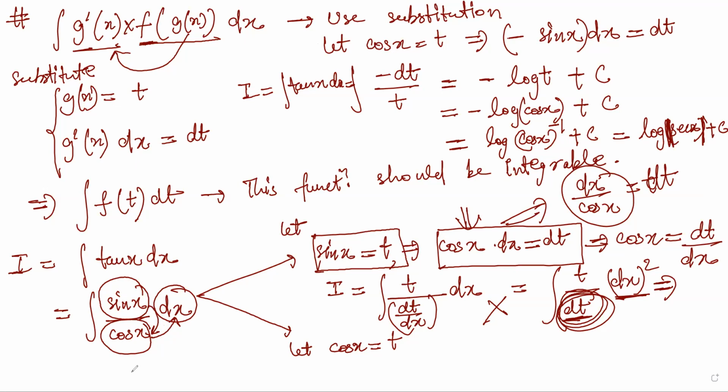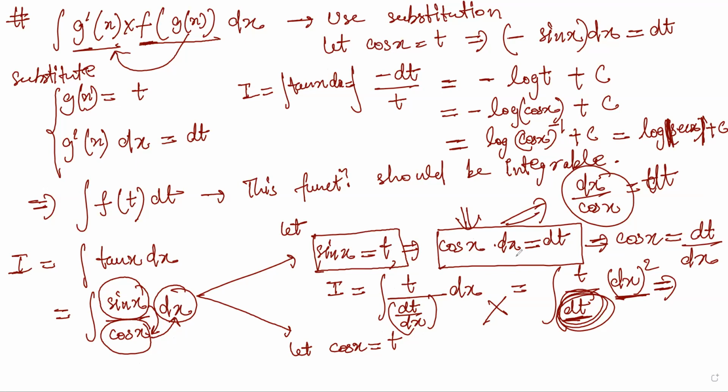So I faced a dilemma whether to substitute sine x or cos x, so I tried both of them. First, I took sine x as t, and then I took cos x as t, and I solved both separately. When I take sine x as t and differentiate it, this becomes cos x into dx as dt. But unfortunately, in the question I do not have cos x into dx. I have dx upon cos x, which suggests that this wasn't a good substitution.